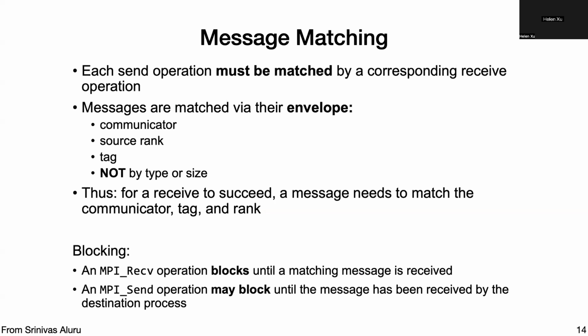The tag and the type or size actually do not have to match. The buffer that you allocate on the receive side just has to be at least as big as what you're sending. And blocking means the program stops for send and receive until the operation is finished.